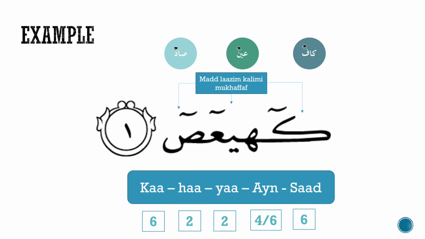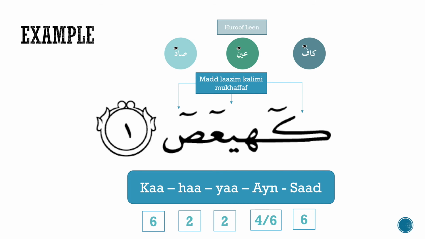Hence, Mad Lazim Harfi Mukhaffaf. As you can see, the Ain is the only letter which will come under Mad Lazim as huruf leen. And that is why we can stretch this either for 4 counts or 6 counts. Do not forget to do a qalqala at the end of the letter Sad.